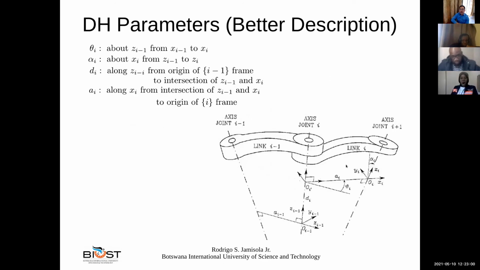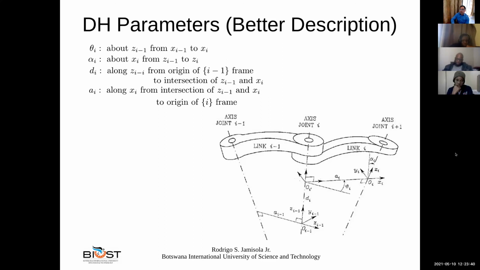So next, the DH convention is the convention that will define how the frames are located and how they are oriented with respect to each other: frame I with respect to frame I minus 1, frame I minus 1 with respect to frame I minus 2, or frame I plus 2 with respect to frame I plus 1, or frame I plus n with respect to frame I plus n minus 1.